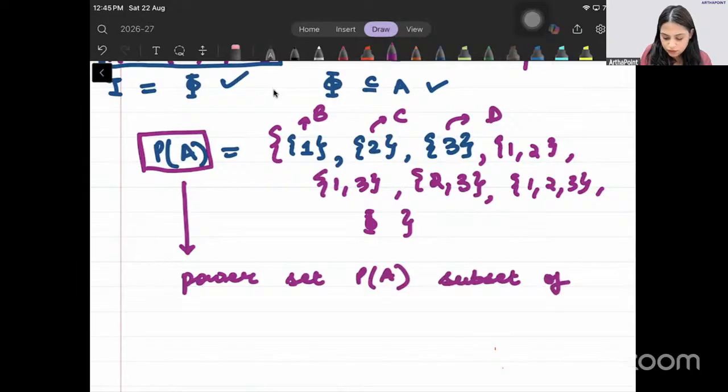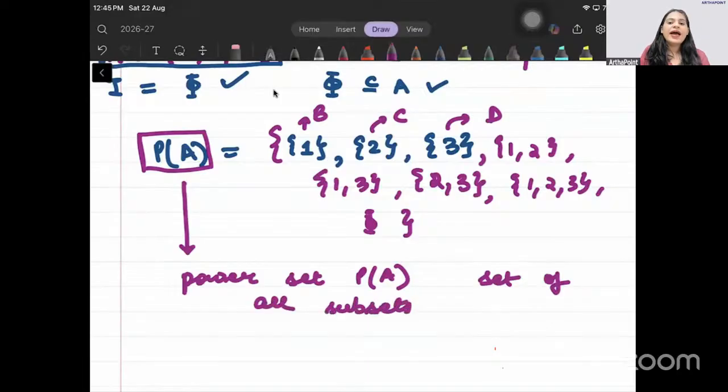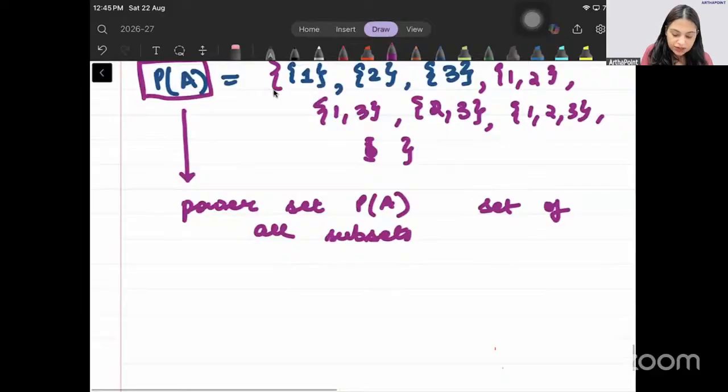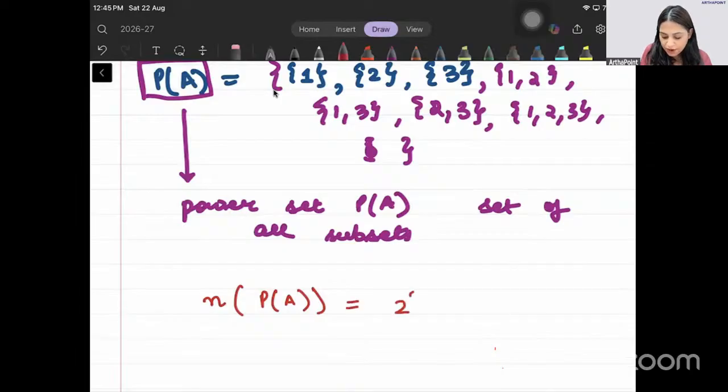is the set of all subsets. And by definition, the number of elements in a power set is 2 to the power n, where n is the number of elements in the set.